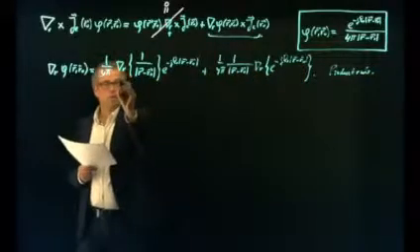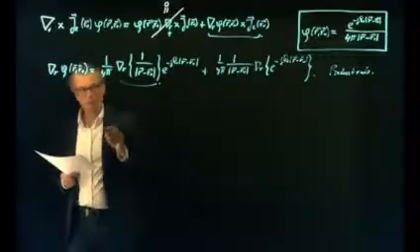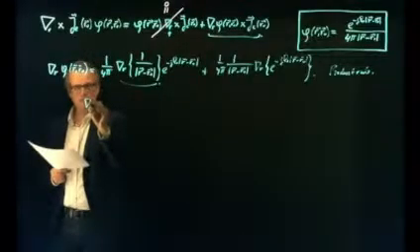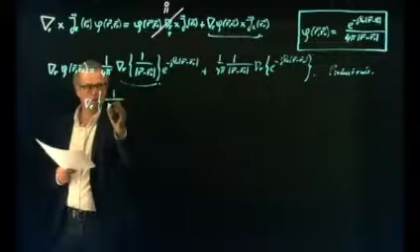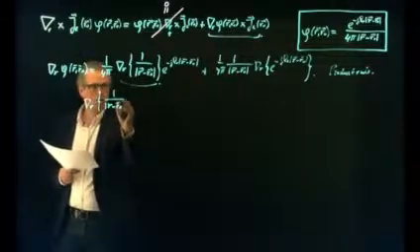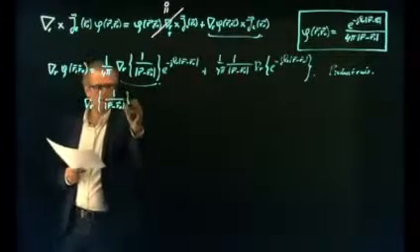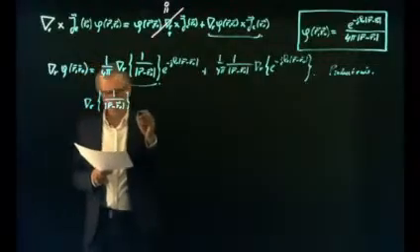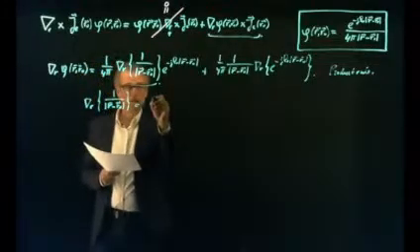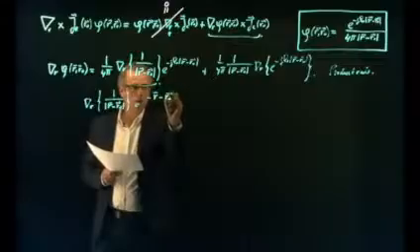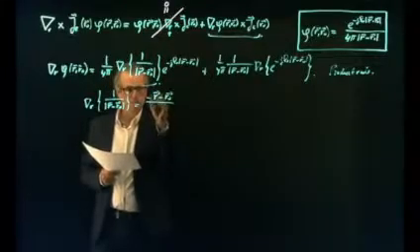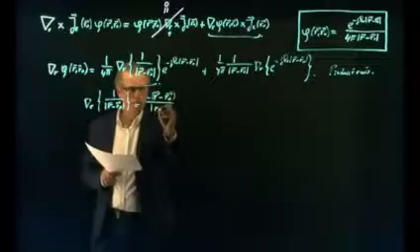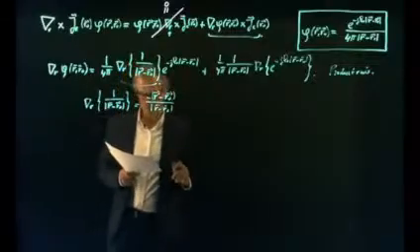Okay, the first term here, that's a nice exercise for you. This first term. If you do the derivatives, you will find that you get this relatively simple solution, r minus r naught, divided by the absolute value of r minus r naught, cubed.